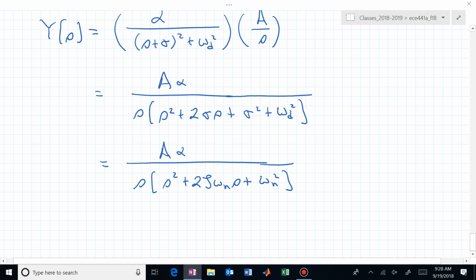And it may be to our advantage to try to compare this with a transform pair. We might actually want at some point an omega sub n squared in the numerator. And one way we can do that is to force it to be in there by multiplying by 1.